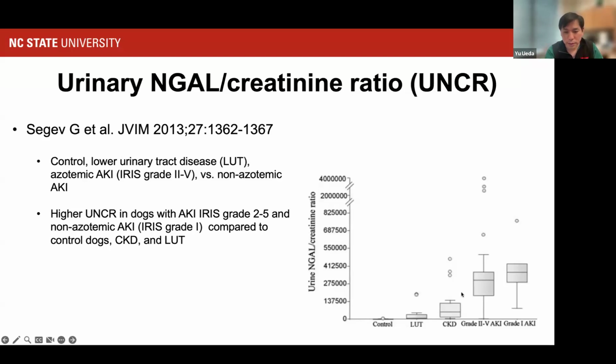Like you can see on this slide, the y-axis is the urine NGAL to creatinine ratio. The patients with AKI grade 1 and also grade 2 to 5 had a significantly higher UNCR compared to dogs with CKD, lower urinary tract disease, and control groups.